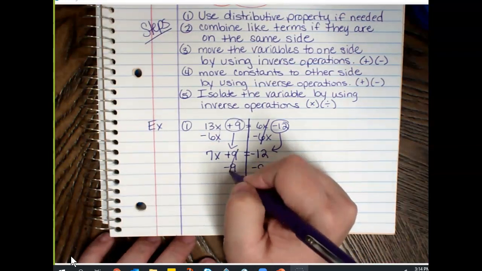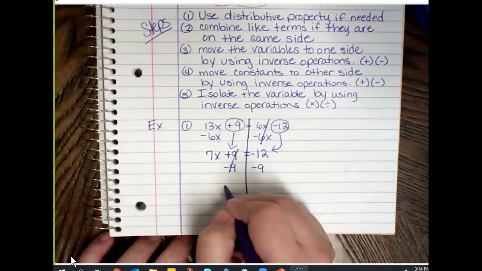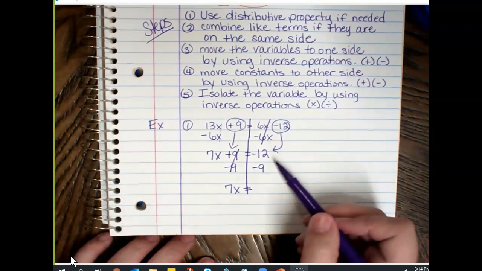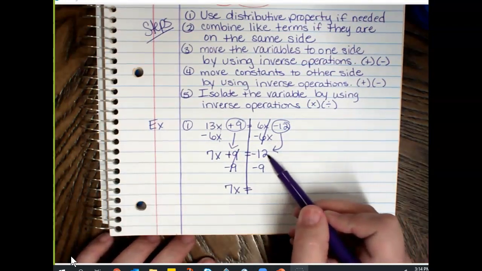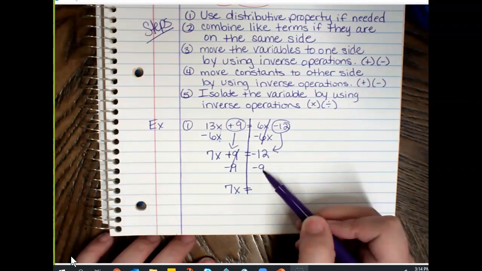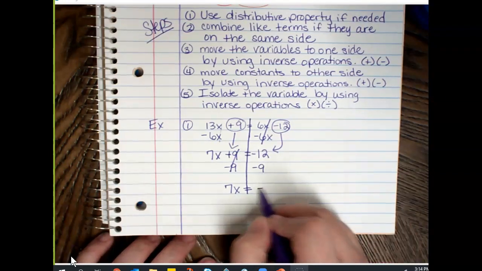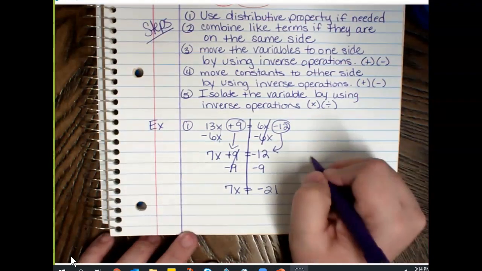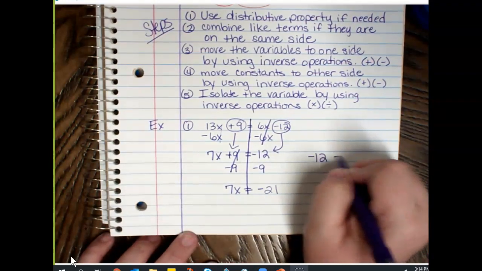So positive 9, negative 9 cancel out. I'm left with 7x is equal to negative 12 and negative 9. When I combine those, I have negative 21. Integer rules: negative 12 minus 9.